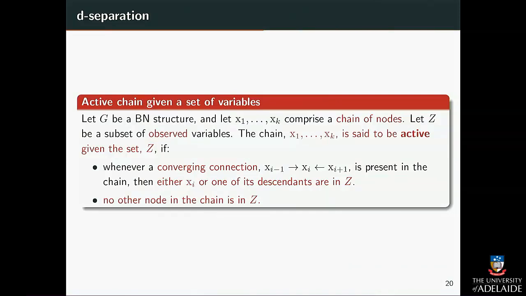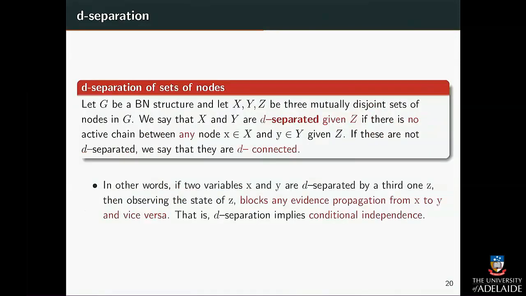So it's active if in this converging connection, every variable in this convergent set is in Z, and there is no other node in the chain that is in Z. Okay, so only the points where originally the links converge are in Z. And that allows us to introduce the notion of d-separation, which actually means something in terms of conditional independence of entire groups of random variables.